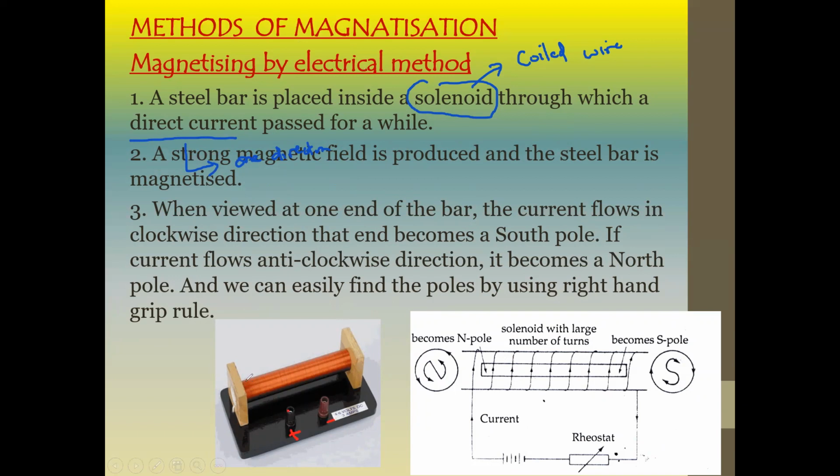So the current starts to flow, and this is the direction of the current. The current flows through this, and we place an object inside. This is hollow, like there's a space, so we put an object inside. That object will behave like a magnet, so we call this the electrical method.